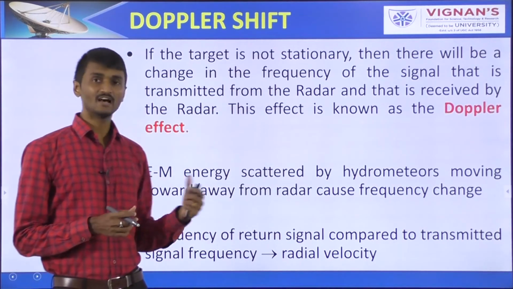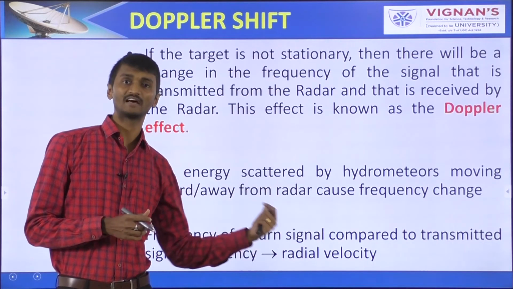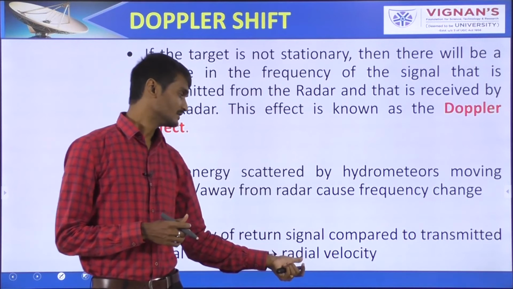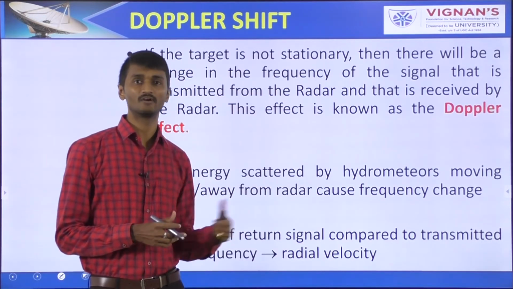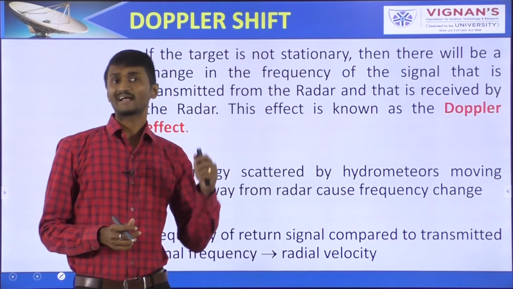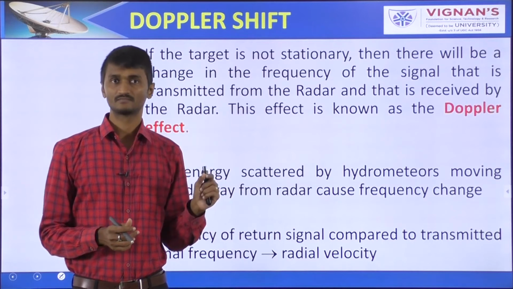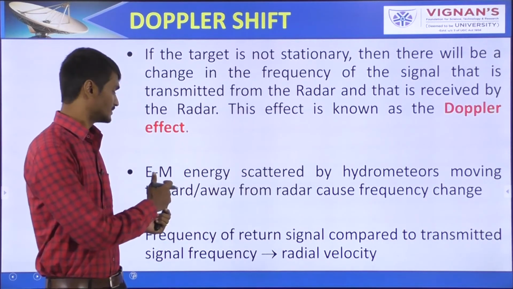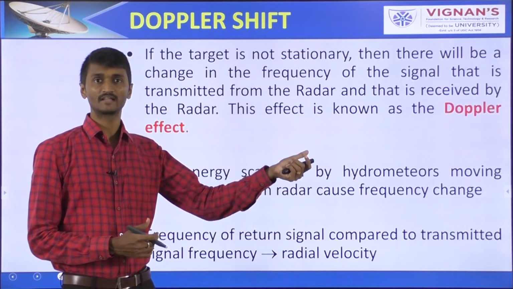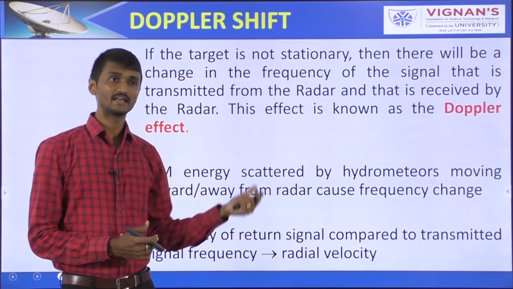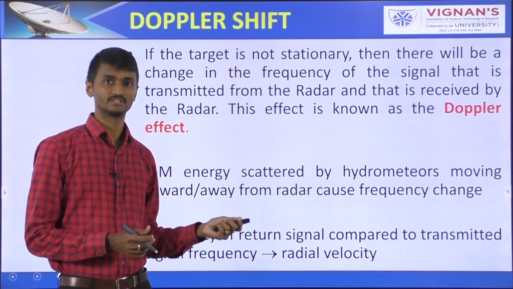By comparing the frequency of the return signal to the transmitted signal, we can find the radial velocity. According to the Doppler effect, we get two possible cases: the target is moving away from the radar, or the target is moving towards the radar. Let's see what will happen.